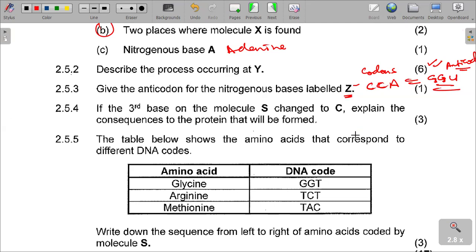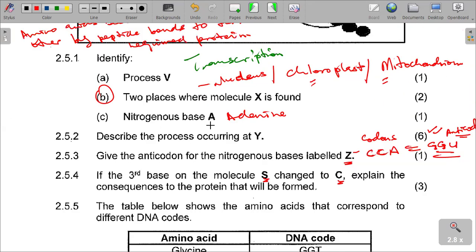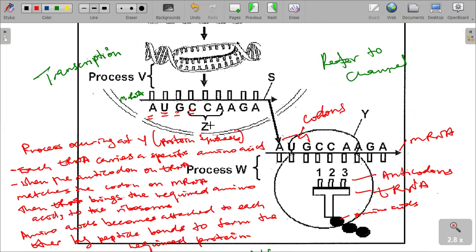If the third base on the molecule S changes to C, explain the consequences for the protein that will be formed on our S, this one.